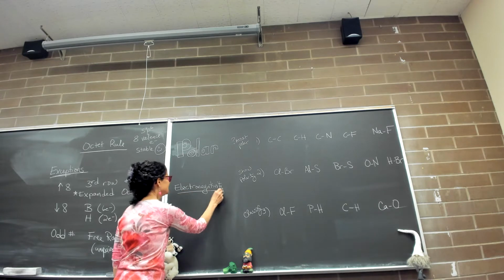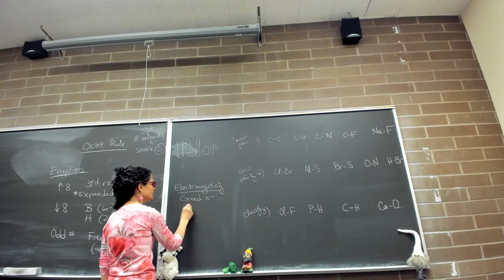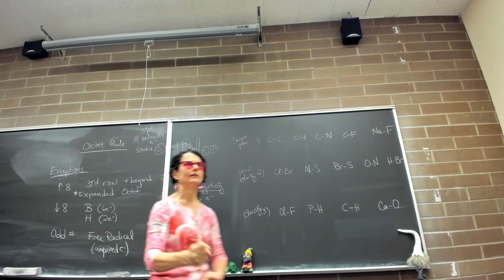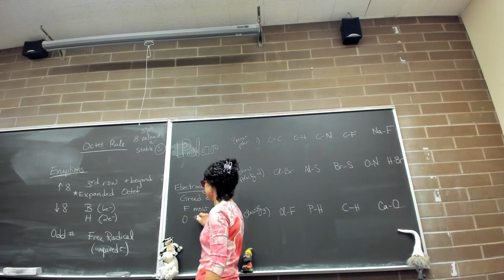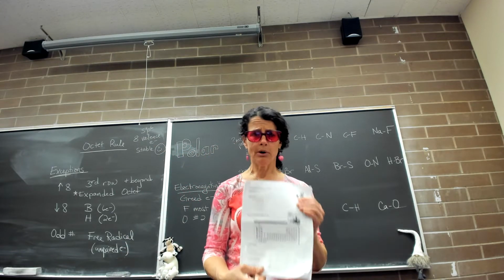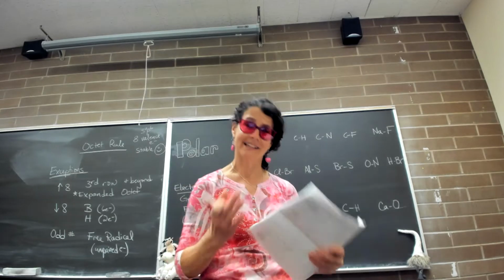So electronegativity is their greed for electrons. Fluorine is the most, because it's one step away from being like neon, and so it's really greedy. Oxygen is number 2. So if you did print the notes, or even if you pull them up, I did post the electronegativity table that Linus Pauling came up with.